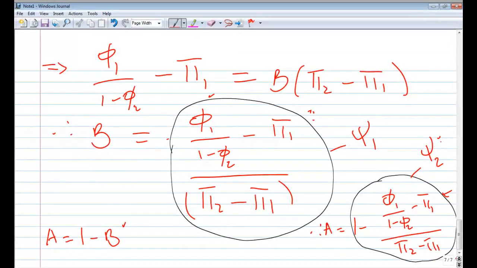Sir, for A, why don't you just say 1 minus beta 1? For A, why don't you say what? 1 minus beta 1, because we said beta is equal to beta 1.